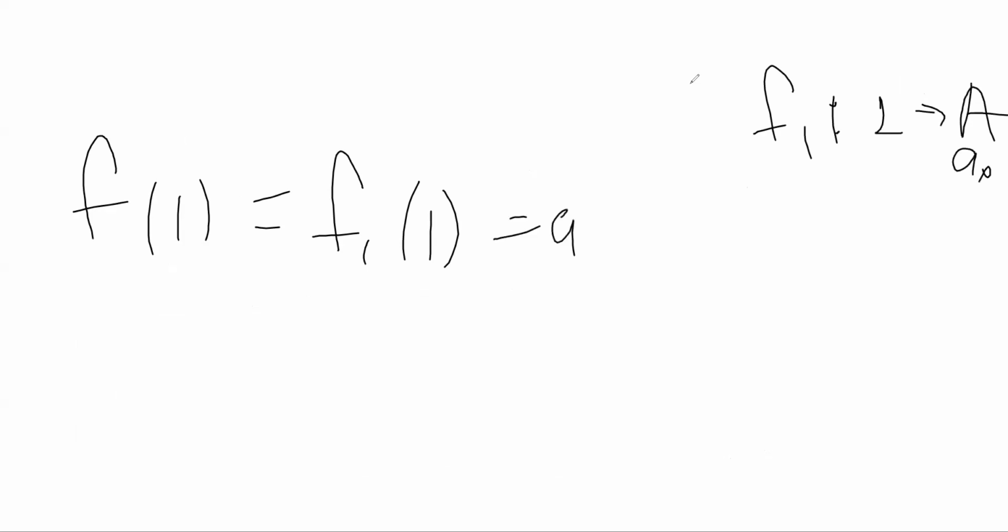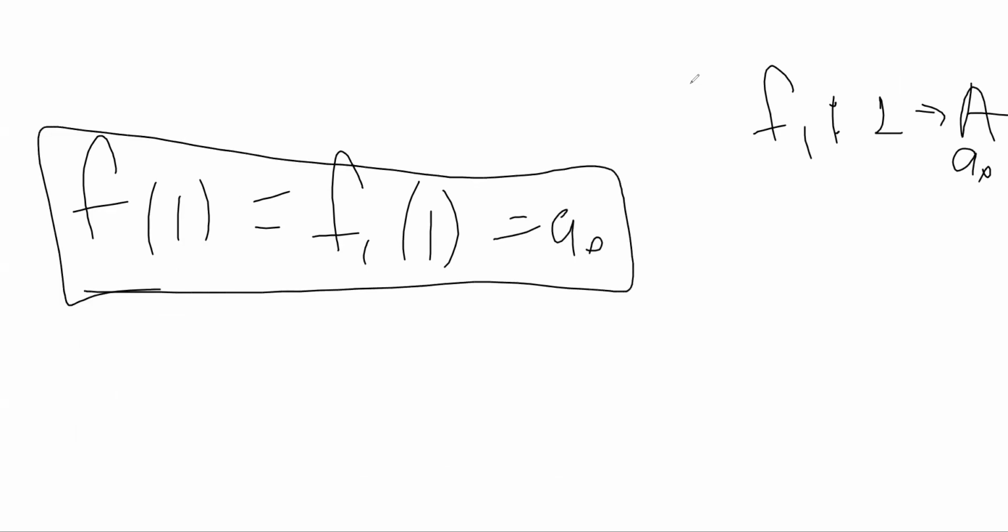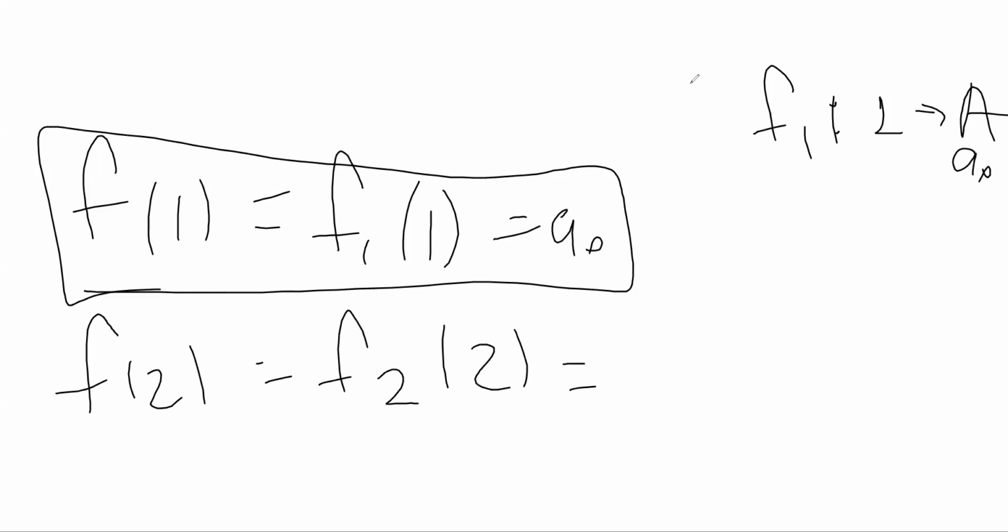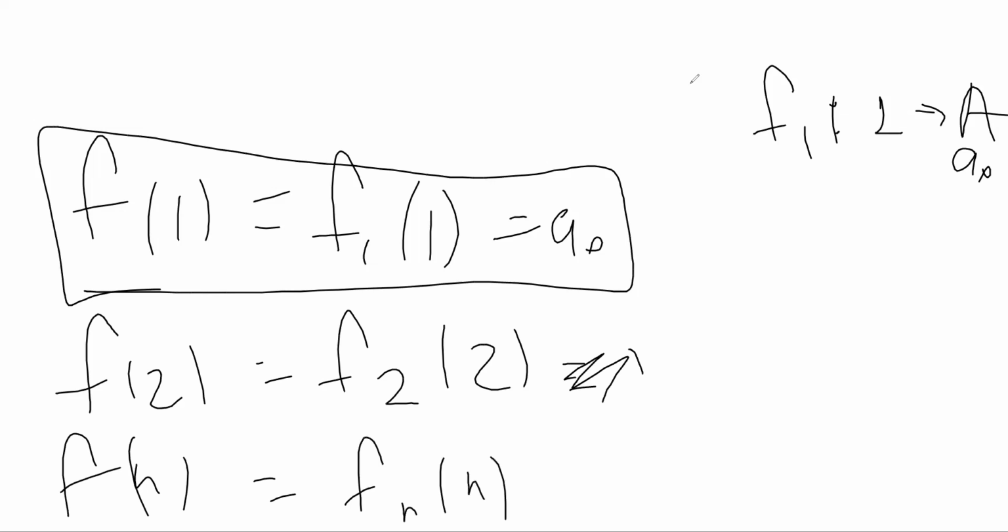So why not? Then f2, how about you take f22, and then you take fn to be fnn. So what is a possible problem with this solution?